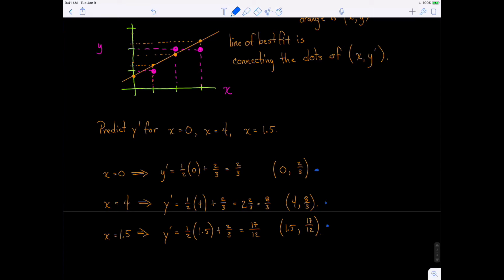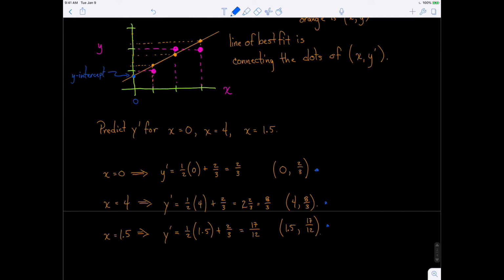So this is going to be 2/3, the point right there. Notice that when x is 0, you're here, and 2/3 is where it crosses the y-axis. And where it crosses the y-axis has a name. It's called the y-intercept.